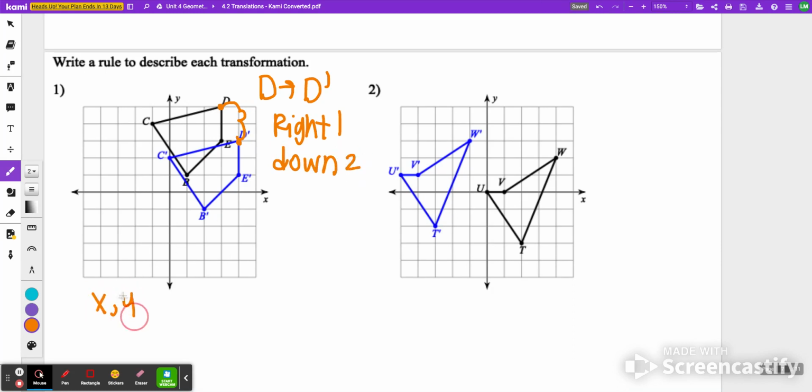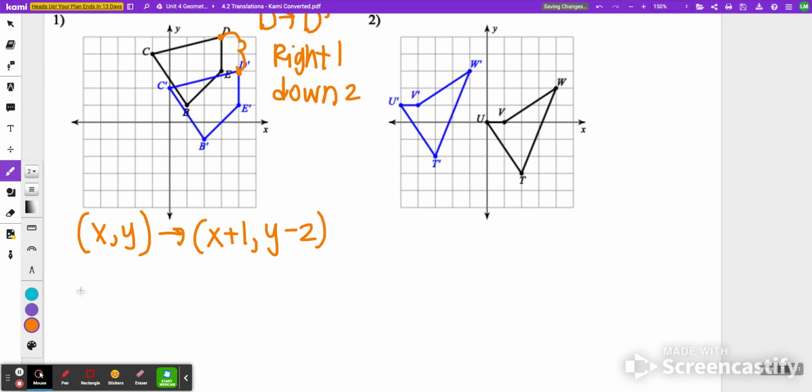So because I went right 1, down 2, this is how I'm going to write my rule. I would start off by doing x comma y, a little arrow to show that it's transforming. And then because I went to the right 1, that means I'm taking my x value and adding 1 to it because x's go from left to right. And then down 2 means I took my y value and subtracted 2. Okay, so just a little recap.